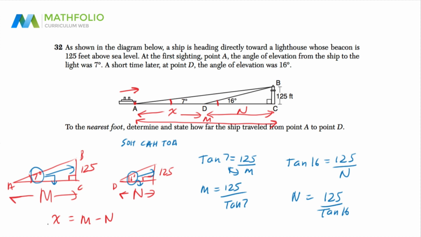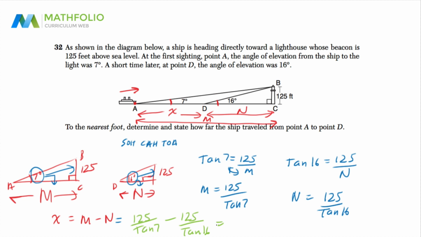So to find the distance X, what we're going to do now, I'm going to change color once again, make it a little clearer. We're going to take M, which is 125, divided by tan 7. We're going to subtract 125 divided by tan 16.